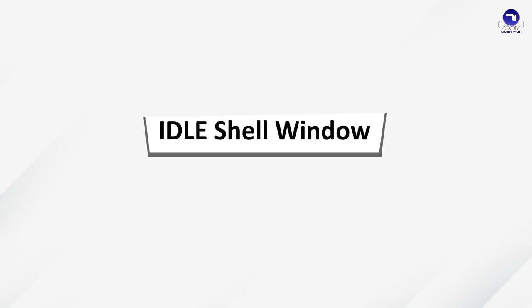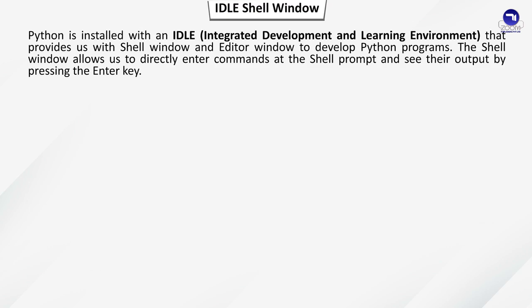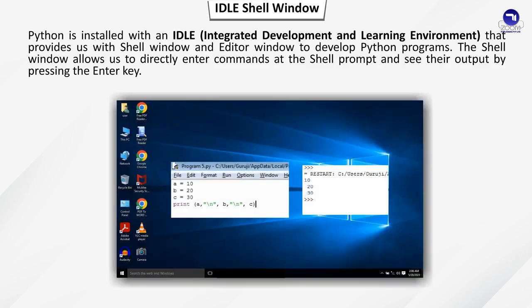IDLE Shell Window. Python is installed with an IDLE, Integrated Development and Learning Environment, that provides us with a shell window and an editor window to develop Python programs. The shell window allows us to directly enter commands at the shell prompt and see their output by pressing the Enter key.